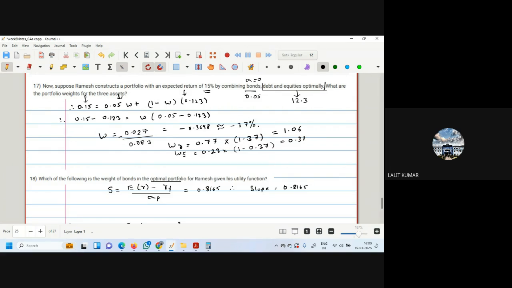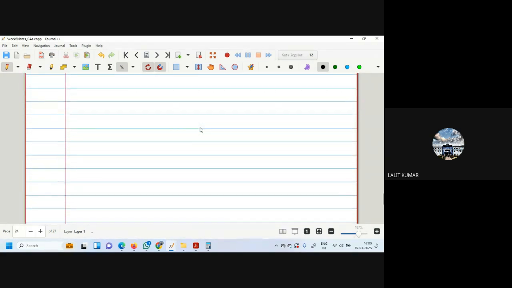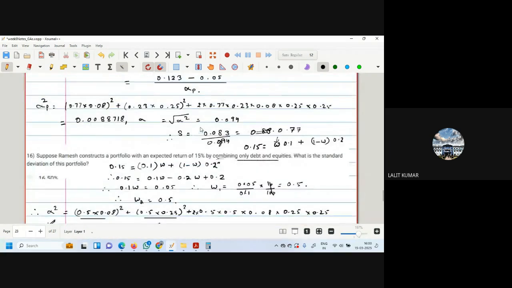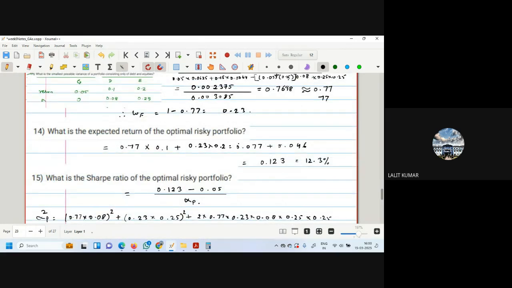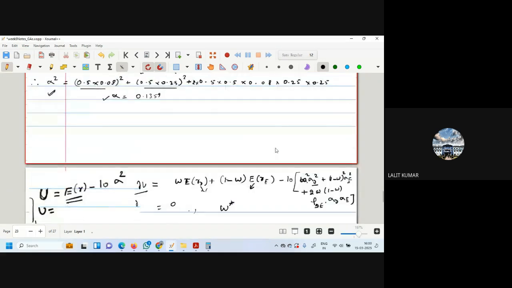And this risky asset, we have already calculated when we combined earlier. So we found that was 0.123. So this has come from the optimal risky portfolio. This is the return of the debt and equity. And you have to use this and its standard deviation for the remaining part.